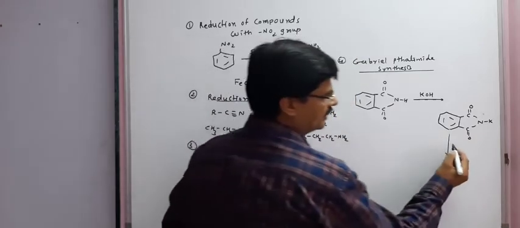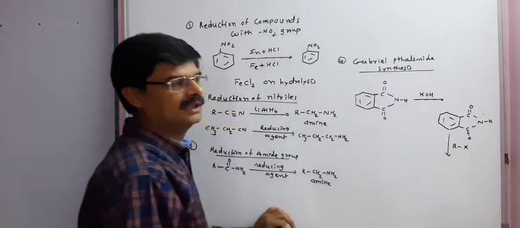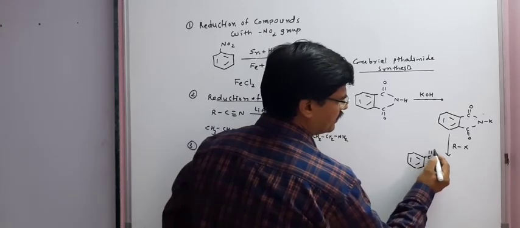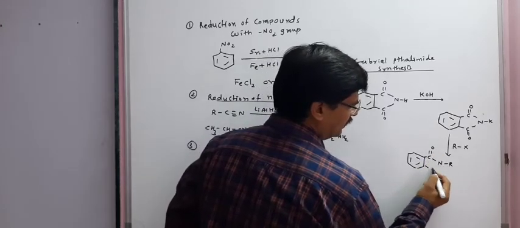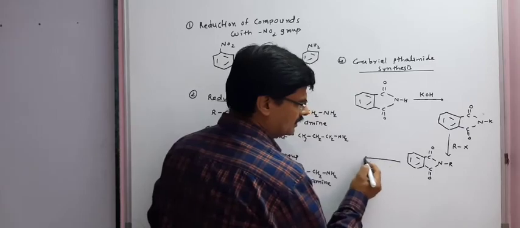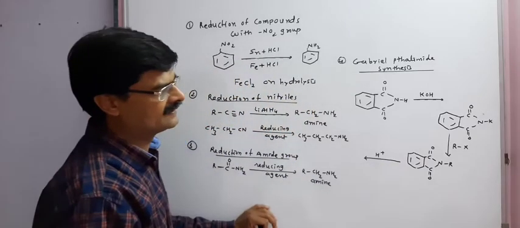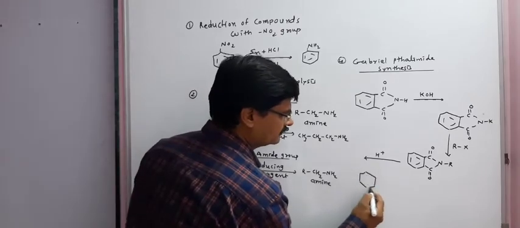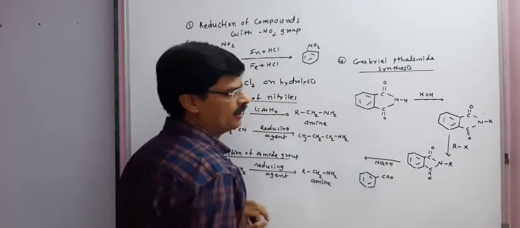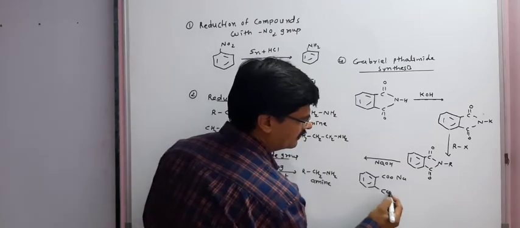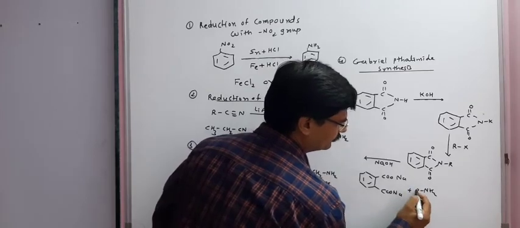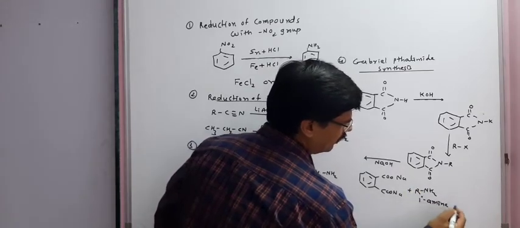When this product is treated with alkyl halide RX, in the next step we get the product having an alkyl group, and on reaction with NaOH, not with HCl, we get COONa plus RNH2, that is 1 degree amine, or say primary amine.